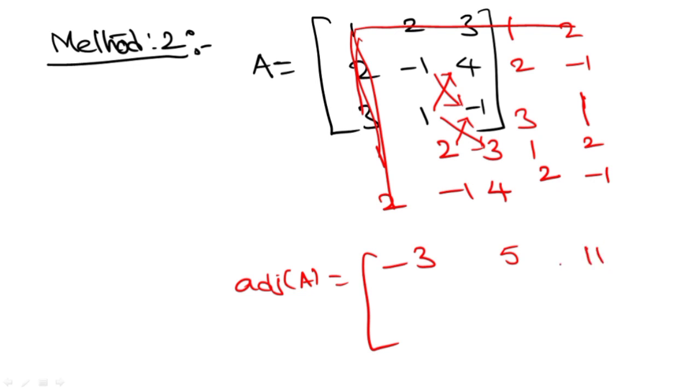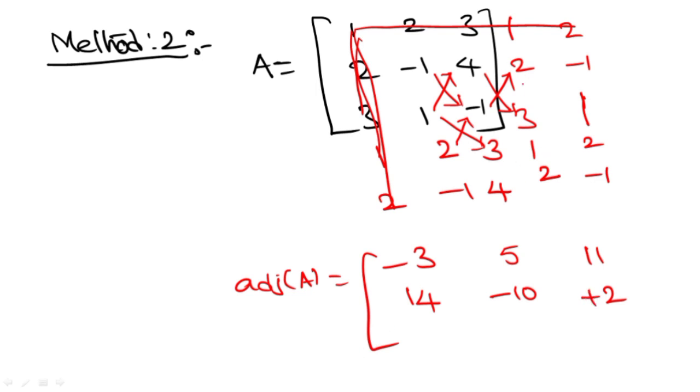So you go by column wise and replace by row wise. 4 3s are 12 plus 2, 14. Minus 1, minus 9, minus 10. 3 2s are 6 minus 4, plus 2.